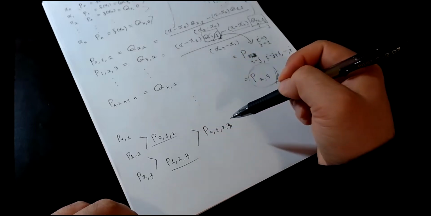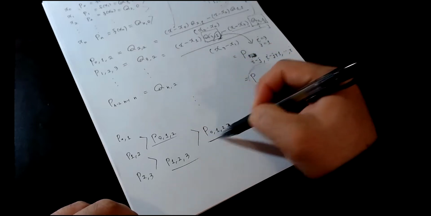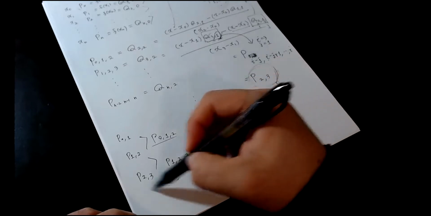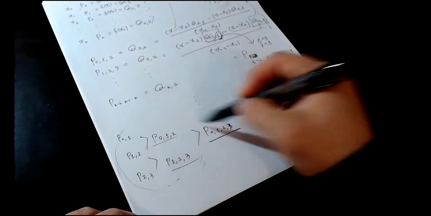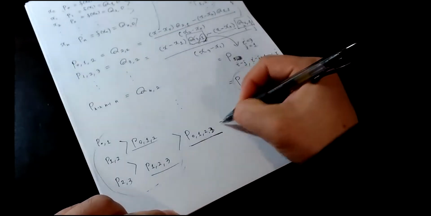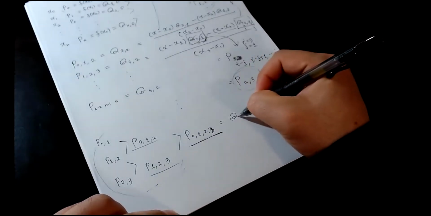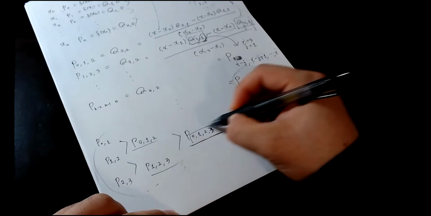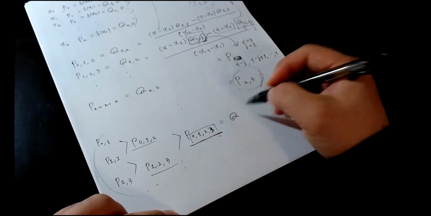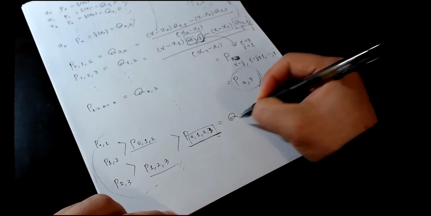To construct this one, we can use the information we already got. By the way, how many nodes does this interpolate? 1, 2, 3, 4. So the degree must be 3.